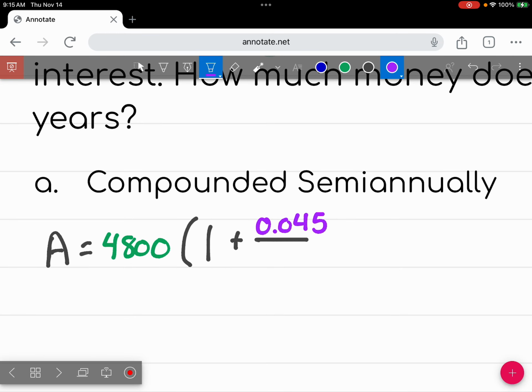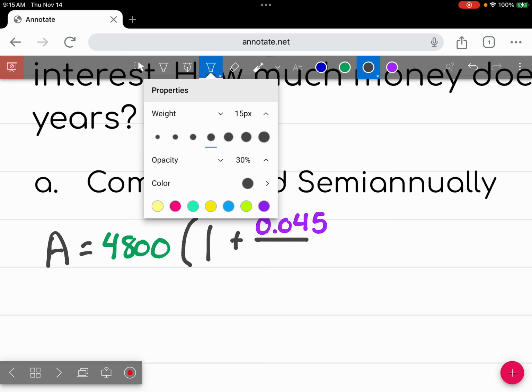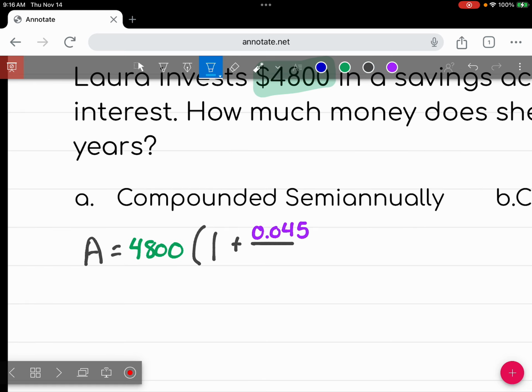So now we're looking for our compounding factor. We have this one here, which is semi-annually. Think about a semicircle. 2. There's 2 parts of semi. Semi-annually is not used super frequently.